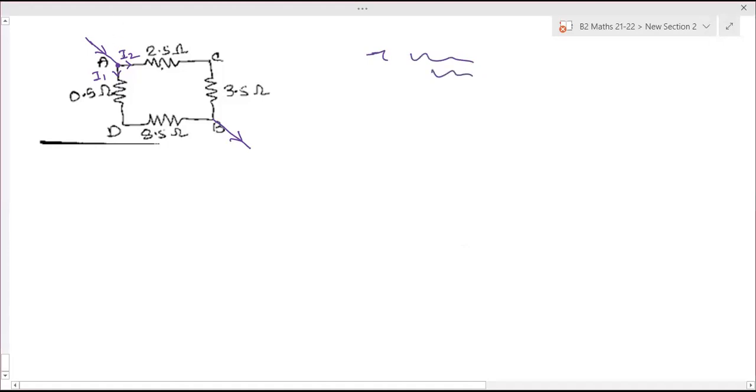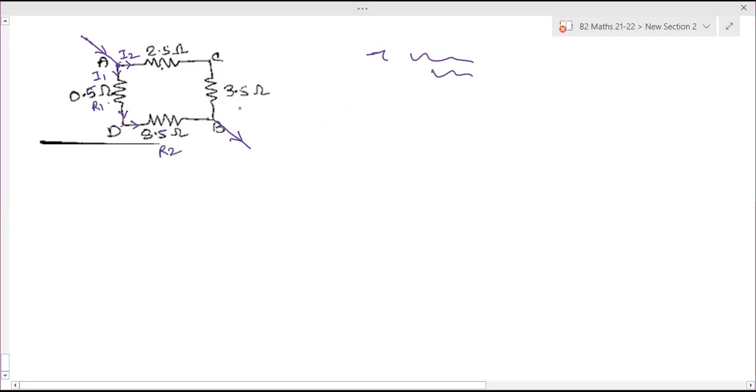So current enters through A, then it is divided into two parts, that is I1 downwards and I2 sideways. I1 is passing through 0.5 ohm towards D, and then the path from D to B is through 8.5 ohm. So I1 will pass through 0.5 ohm and 8.5 ohm.